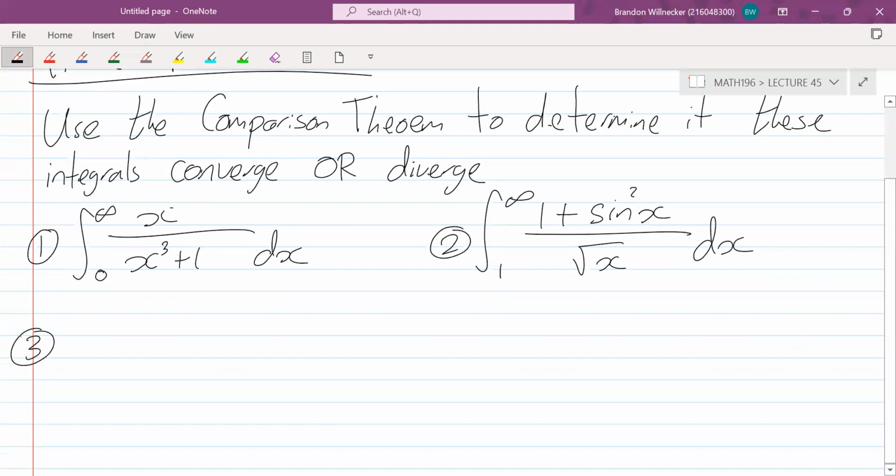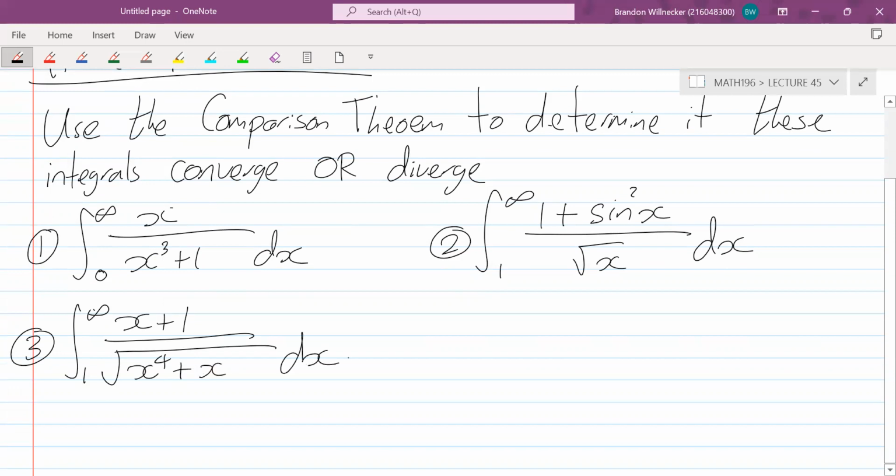Number 3, we have the integral from 1 to infinity of x plus 1 over the square root of x to the 4 plus x dx.